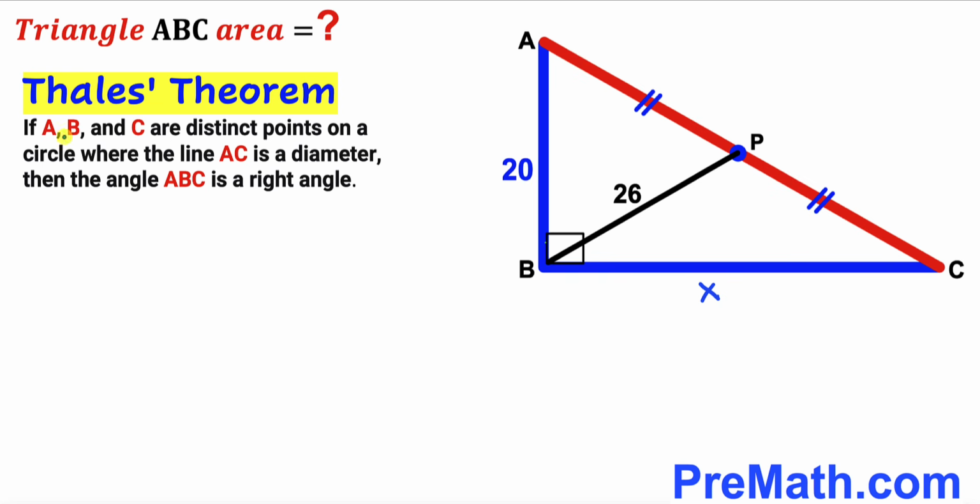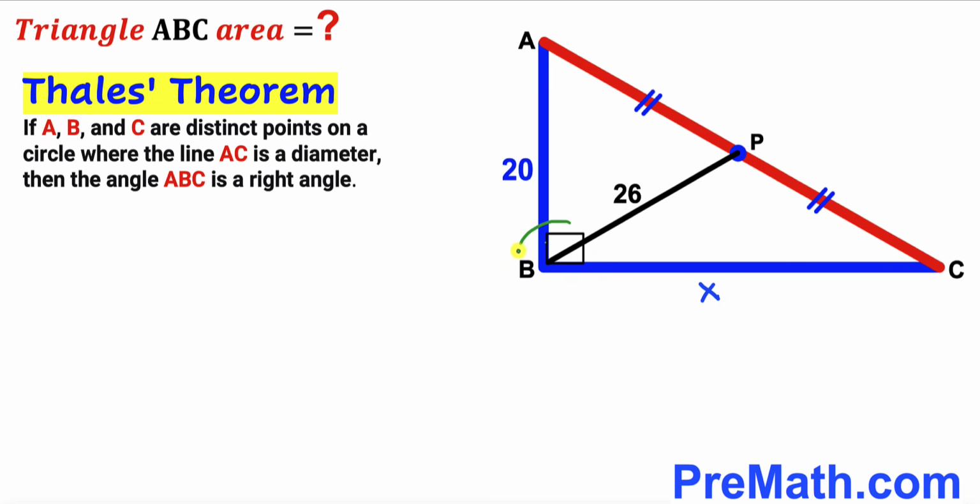According to this theorem, if A, B, and C are three distinct points on the very same circle, where the line AC is the diameter, then angle ABC is going to be a right angle. In other words, it's a 90 degree angle.